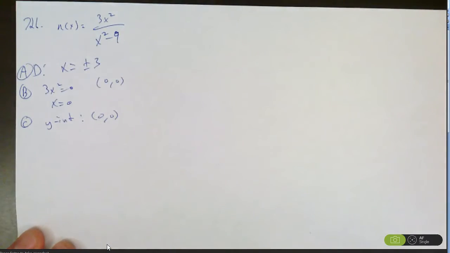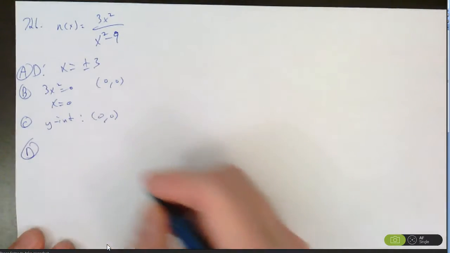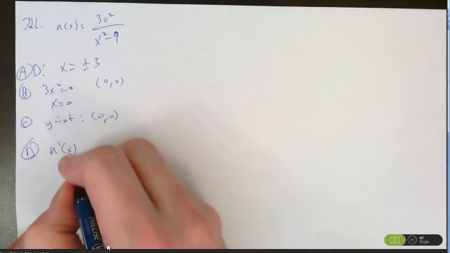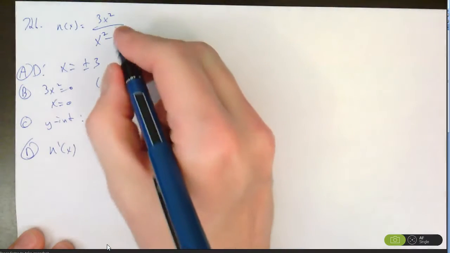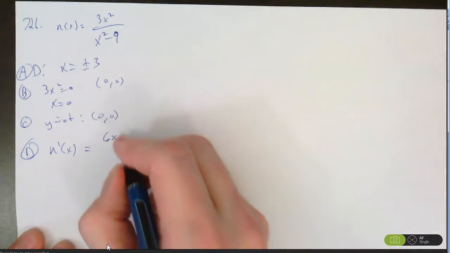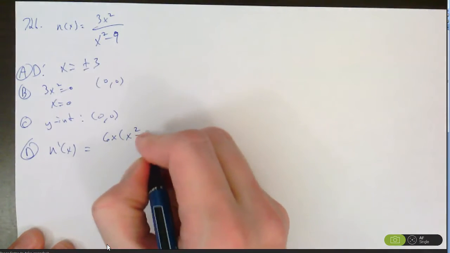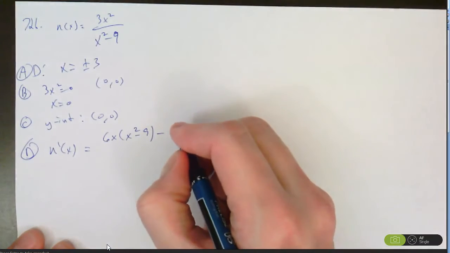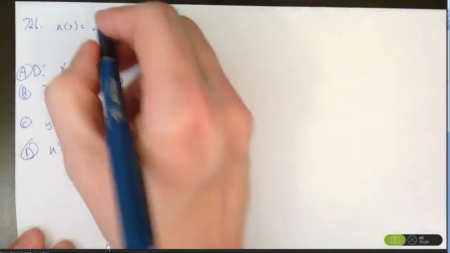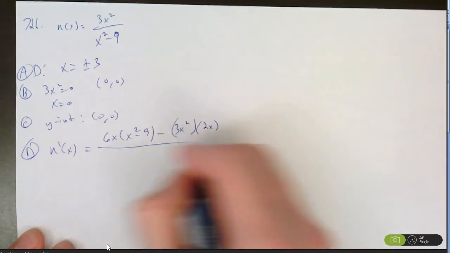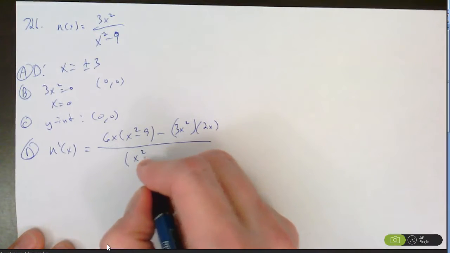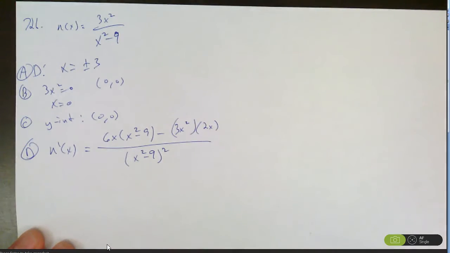Now I've got to start doing our increasing decreasing business, so I have to do my first derivative. Well, I'm going to have to do the quotient rule for that. So the derivative of the numerator, 6x, denominator leave it alone, x squared minus 9, minus the numerator, left alone, times the derivative of the denominator, which is 2x, all over the denominator squared. Okay.